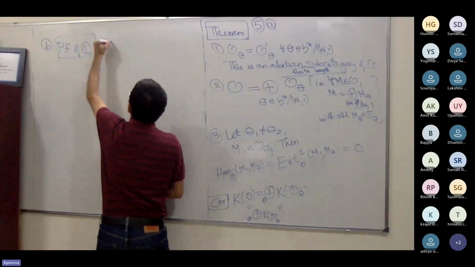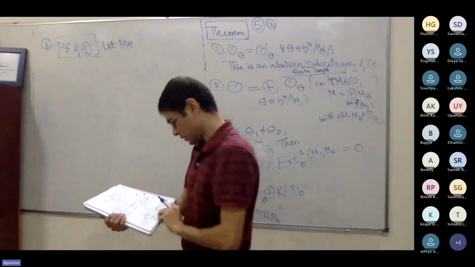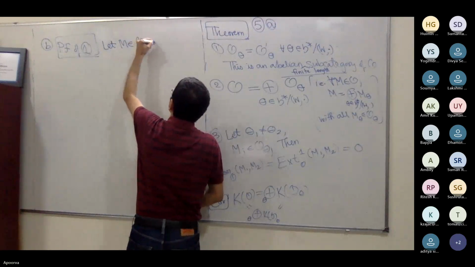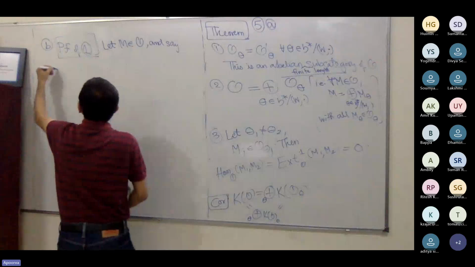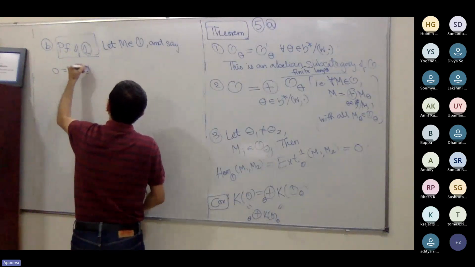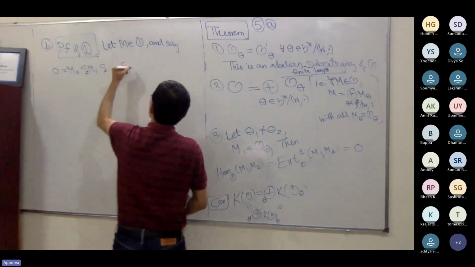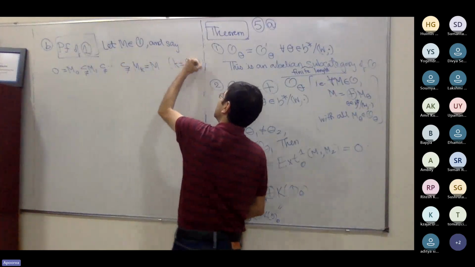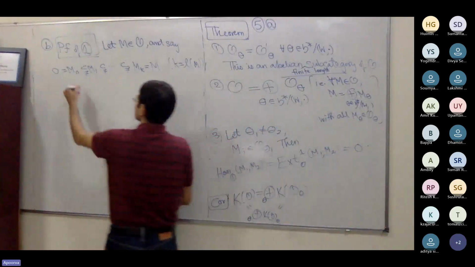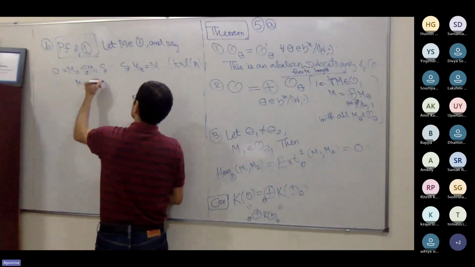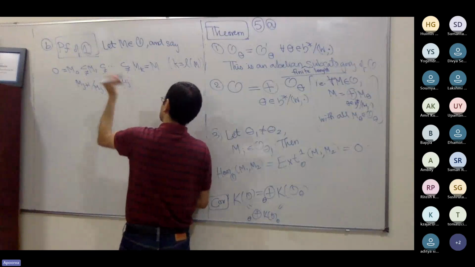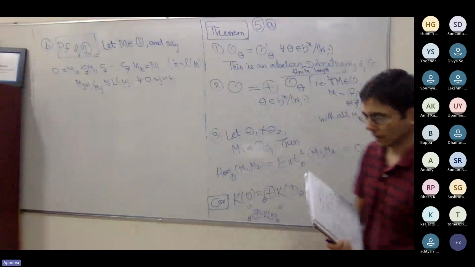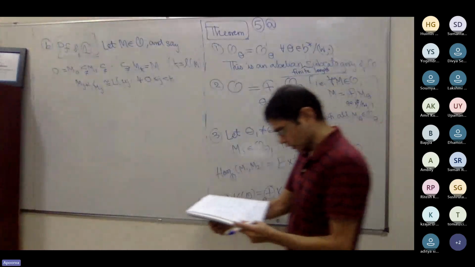So let M be in O, and let's just have global notation: 0 equals M0, contained in M1, and so on, up to Mk equals M. So k is what we call the length of M. And Mj plus 1 mod Mj is isomorphic to Lmu j. That's our notation as always.